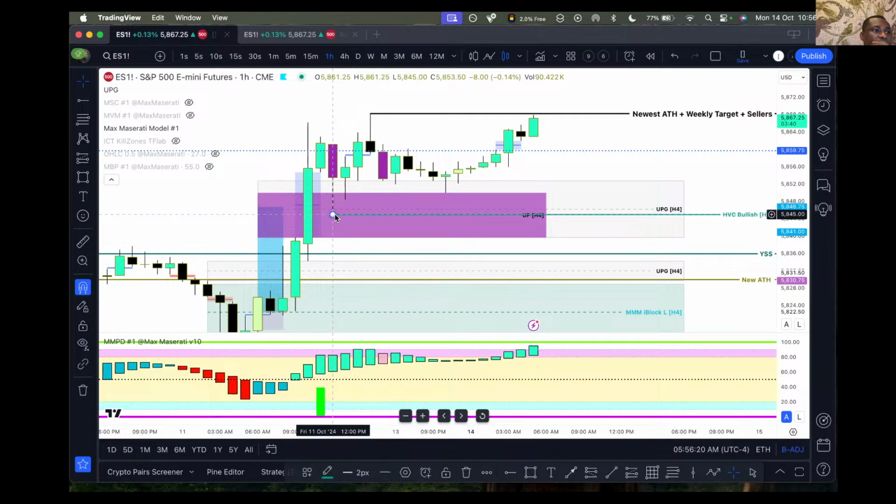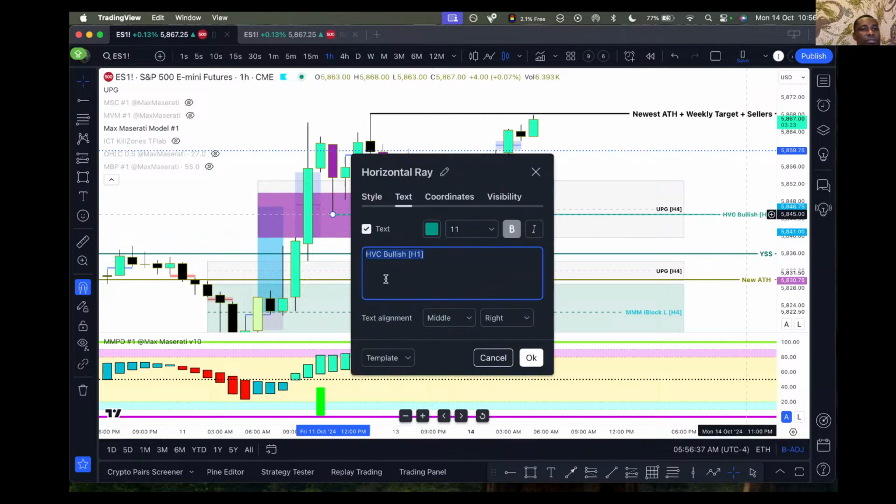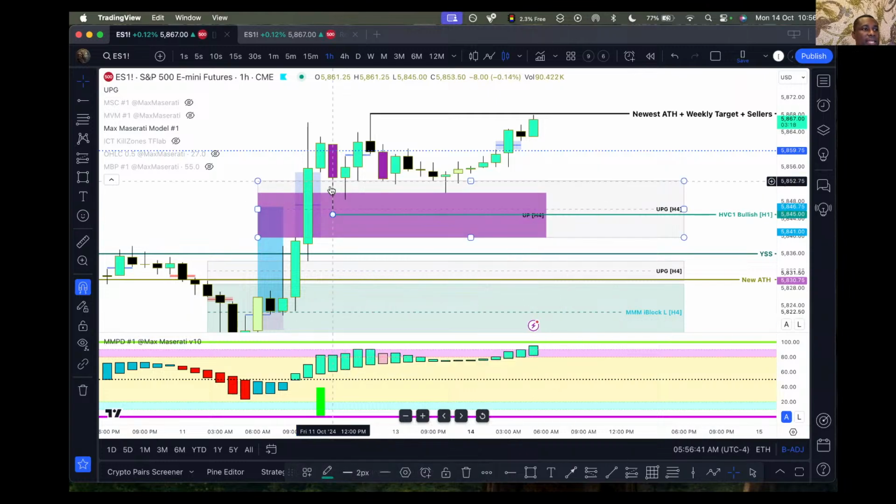Because below every single HVC there's a lot of liquidity, and price will be looking to refuel, to push up. So we have a refuel here. See, price hasn't closed below this HVC. So this becomes my HVC1, which means the candle that first touched the highest volume candle I have.